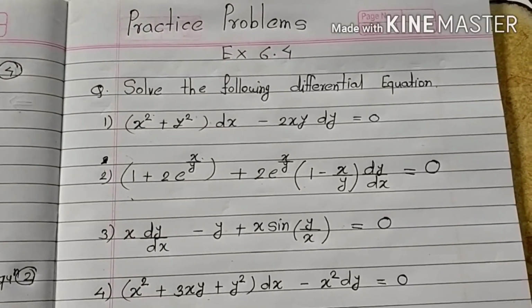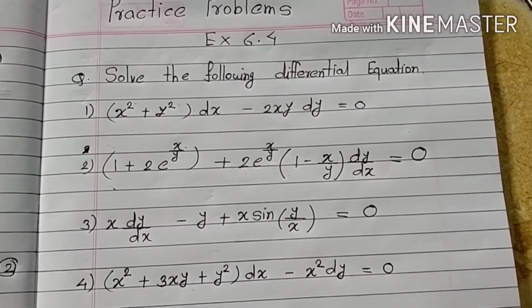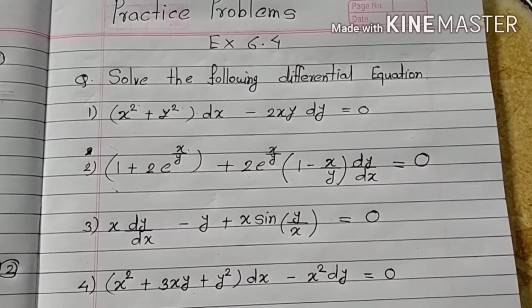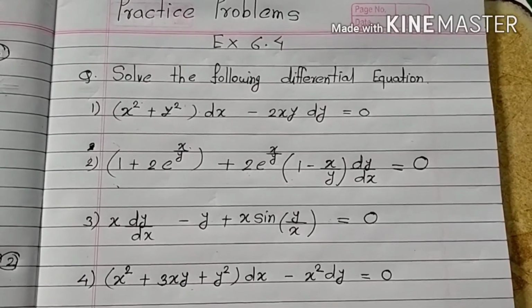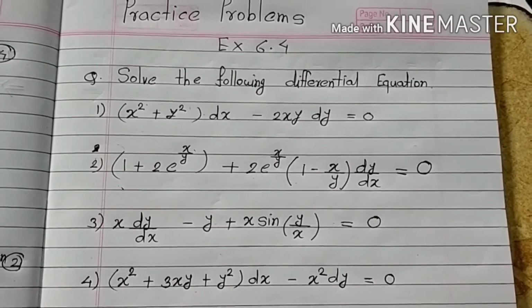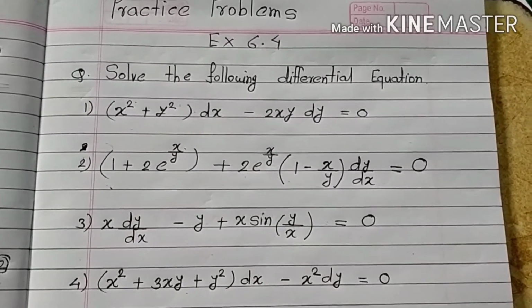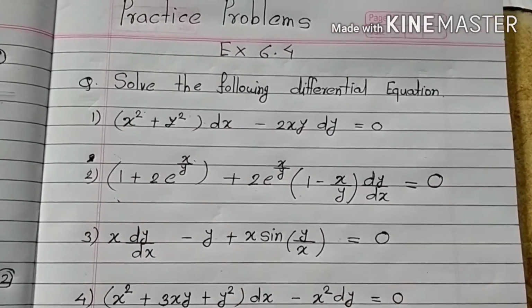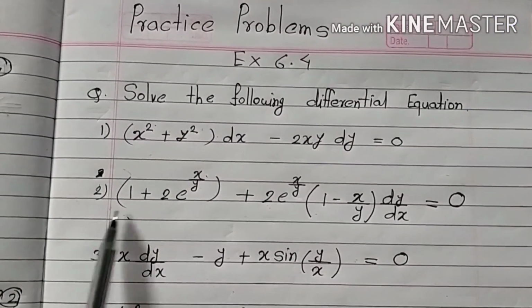So there are some practice problems from exercise 6.4. First question is solve the following differential equations. You can observe that these 4 are homogeneous differential equations. So here you have to take substitution y is equal to vx. But question number 2 is another type.